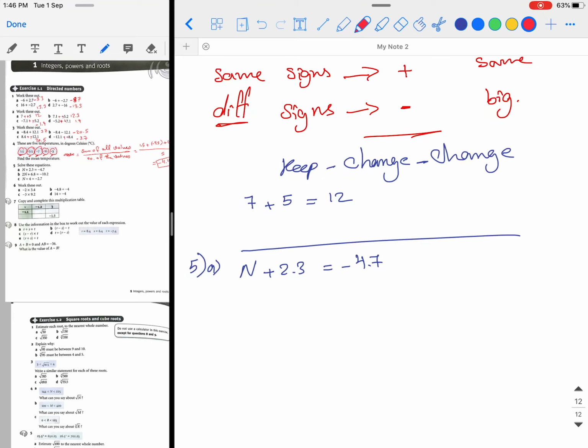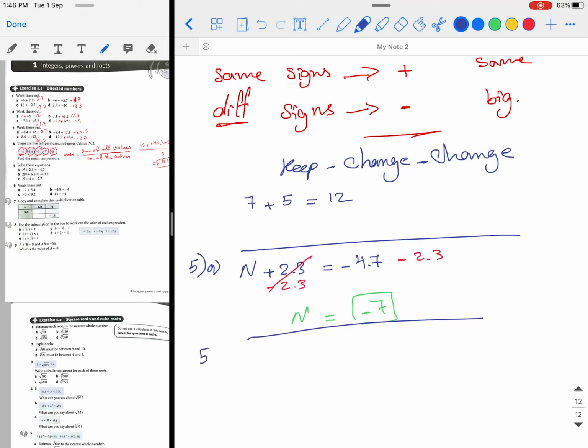It's plus 2.3, so make it minus 2.3. If you did it here, the other side also make minus 2.3. So we will cut this. The remaining is n. So n equal, calculate this, negative 4.7 minus 2.3, the same sign, so we will do addition. You will get 7, of course, with the same sign, negative.